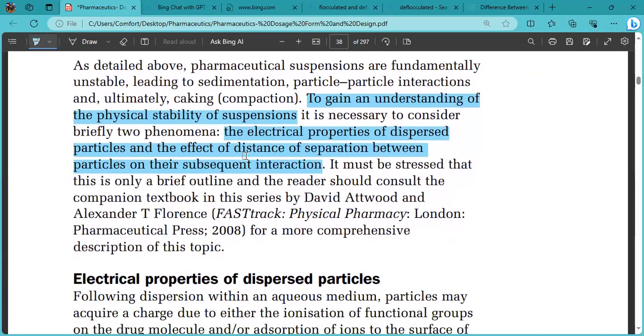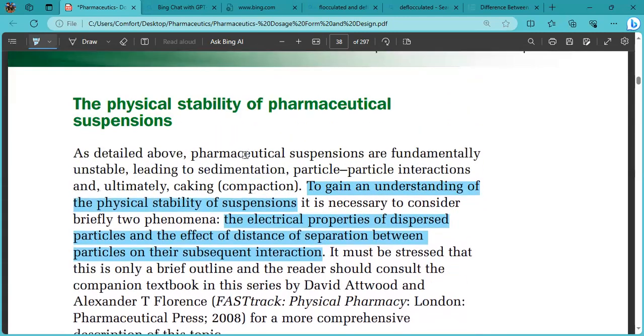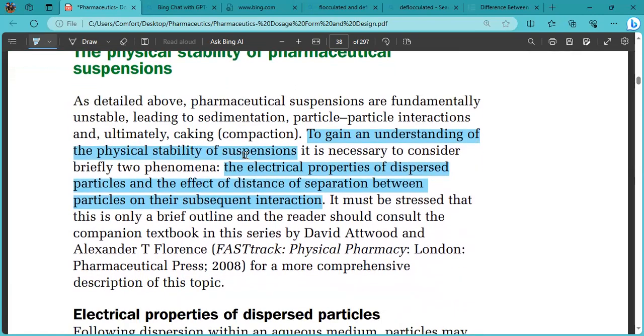So there are two phenomena that are specific to suspensions as oral preparations. There are the electrical properties of the dispersed particles, meaning there could be charged molecules.